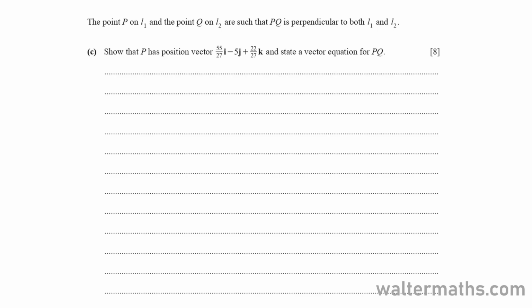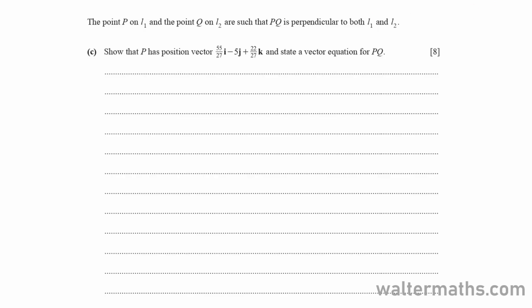The point P on L1 and the point Q on L2 are such that PQ is perpendicular to both L1 and L2. So on C, show that P has position vector 55 over 27i minus 5j plus 22 over 27k, and state the vector equation of PQ.